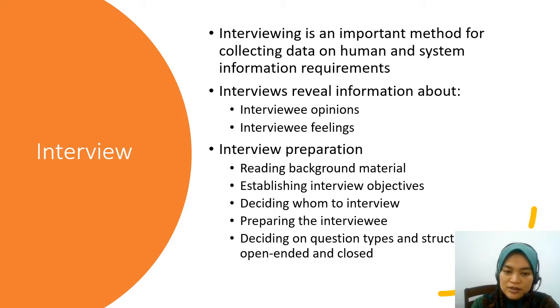So it does include reading background material to know what is the objective of the interview, who to interview, and to decide what question types and structure. So this has also been covered in your videos, open-ended and closed. So I hope you know by now the differences between open-ended and closed types of question.